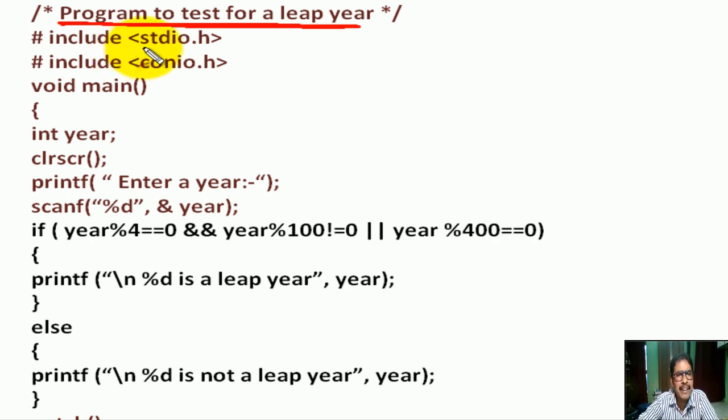Normally, we add two header files, stdio.h and conio.h.